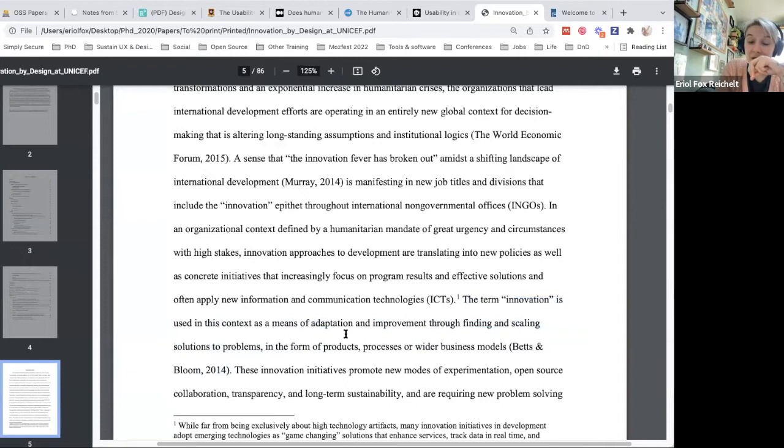I think this is a really interesting statement to be referenced and cited within this case study because of the way that innovation is described. The way that innovation is described as adaptation and improvement through finding and scaling solutions to problems in the form of products sounds a lot like how open source projects often operate, right? So open source projects often are created to solve a particular problem that a particular person is having, or a particular group of people, depending on how the origin story of open source tools come about.